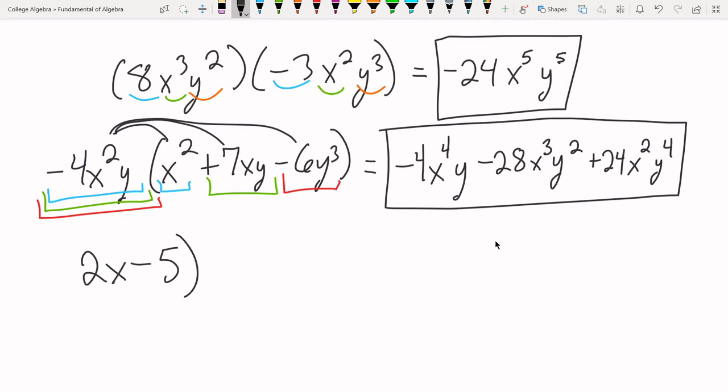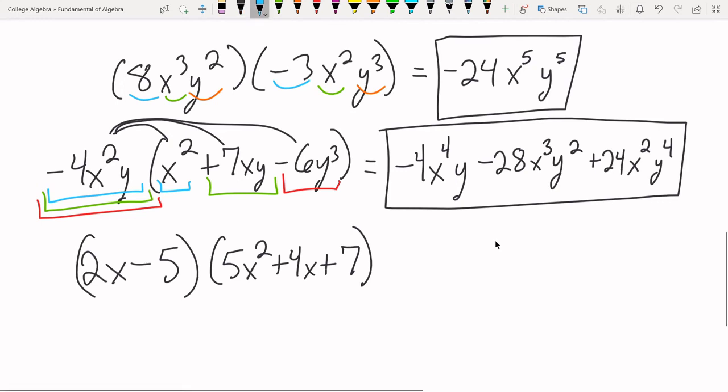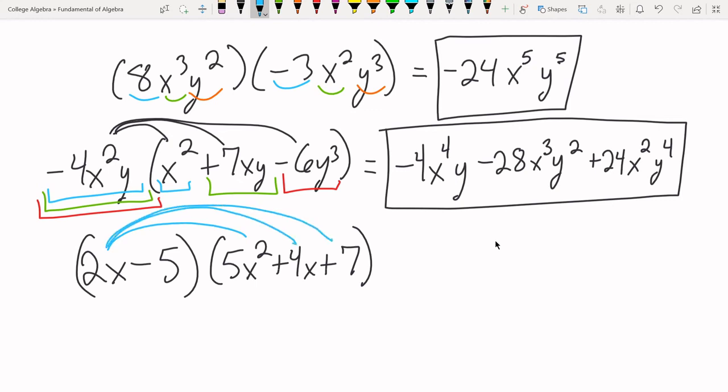2x minus 5 times 5x squared plus 4x plus 7. This is a binomial times a trinomial. And again, all we have to do is distribution. Make sure you distribute all of the first thing into all of the second thing. So for instance, I'm going to first do 2x times 5x squared, then times 4x, and then times 7.